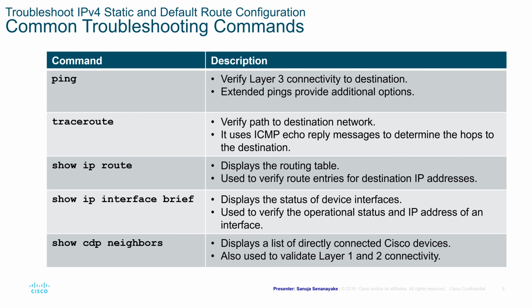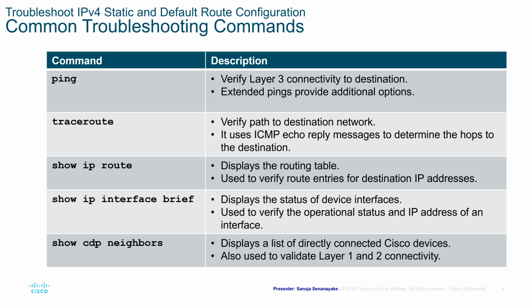Show IP route displays the routing table, used to verify route entries for destination IP addresses. Again, I have gone through this in my previous lectures as well. Show IP interface brief, which I went through in a previous lecture, displays the status of the device interfaces, used to verify the operational status and IP address of an interface.